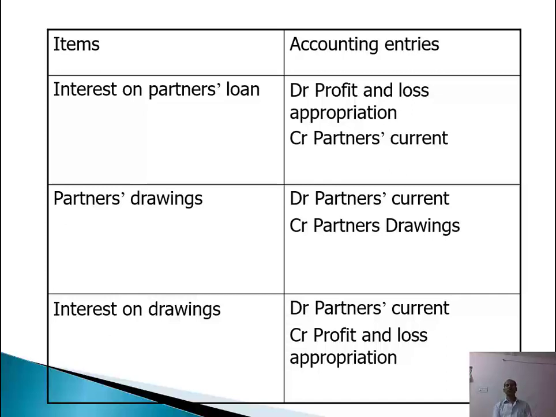And partners' drawings: see, partners' current account debit to partners' drawings account. This is drawings. And the third one is interest on drawings. Interest on drawings is income to the firm. So partners' current accounts debit to profit and loss appropriation account.